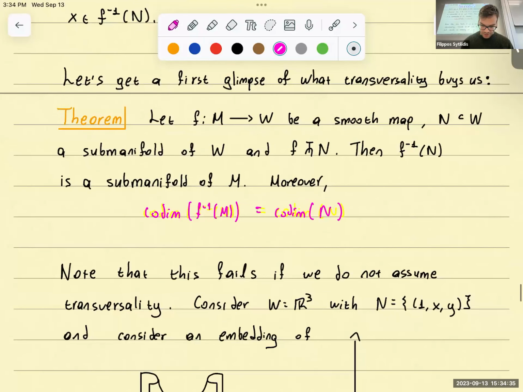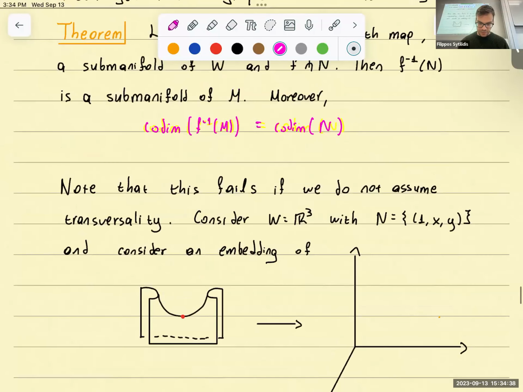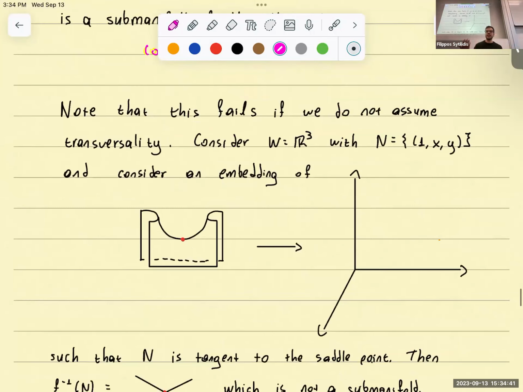I just wanted to give an example where this fails if you don't assume transversality.